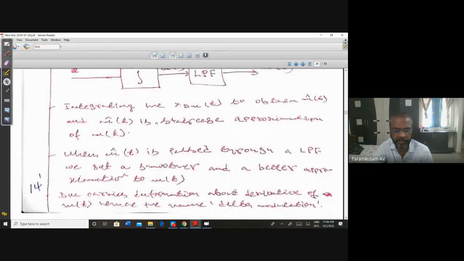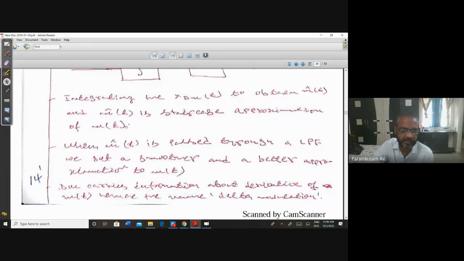Okay, you know that integrating the xdm of t to obtain m cap of t, and m cap of t is staircase approximation of m of t. In order to obtain m cap of t. Okay, when m cap of t is passed through a low pass filter, we get the smoother and better approximation to m of t.